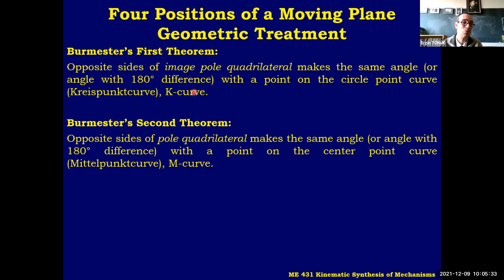If we are sure what we are doing is correct, we can find the other 2 homologous positions and find the center. It should be on the M curve, but we don't need to draw it. Or if the restriction is tight on the center point, then we draw the center point curve, select a point on it. By kinematic inversion, we find its 2 more positions, find the center in the inverted motion, which will be on the K curve, but we don't need it.